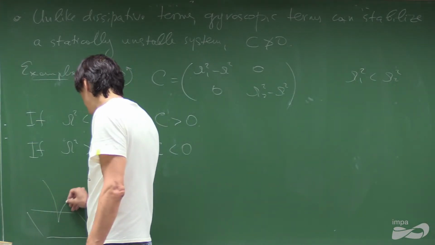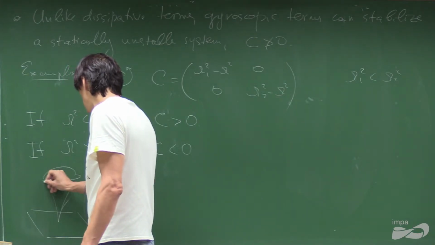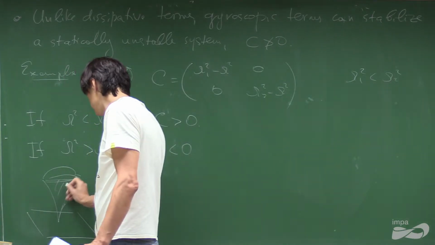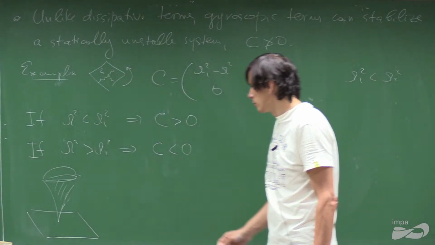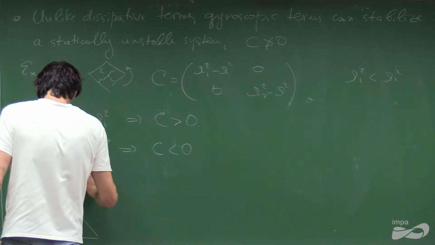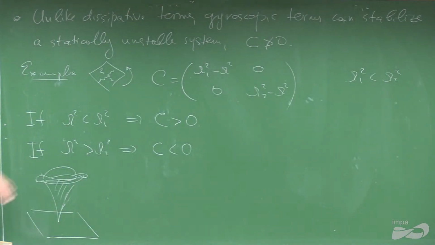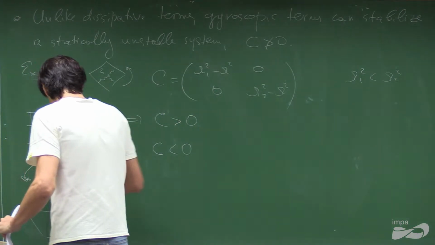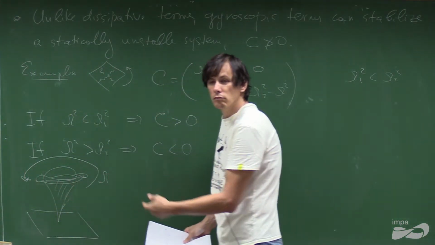So remember that when you have the top, and you just rotate it. I'm not good at drawing. You take the body with the tip and you just rotate it. If you rotate it fast enough, it will not fall.